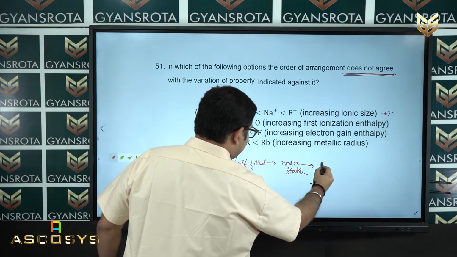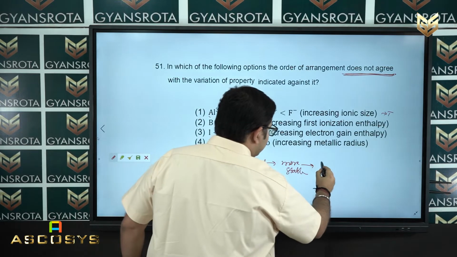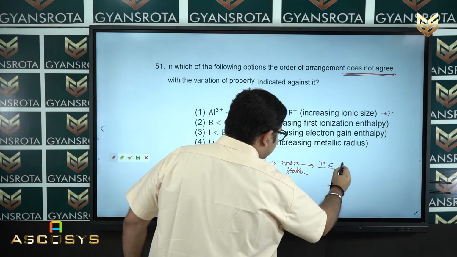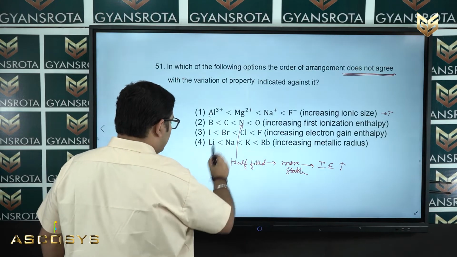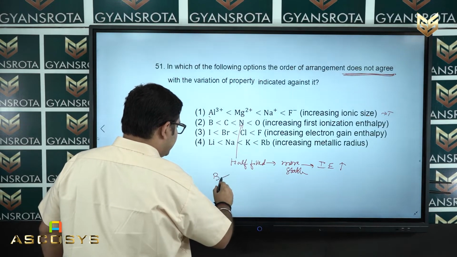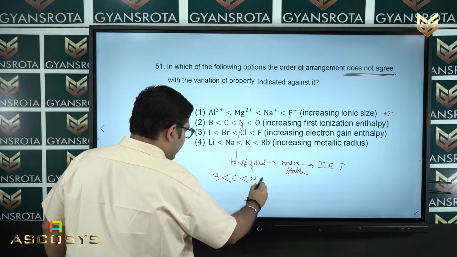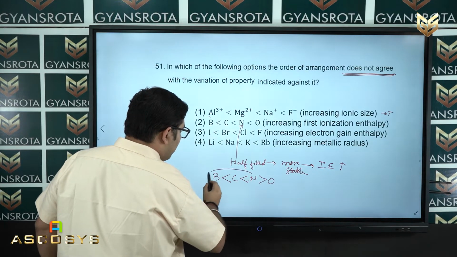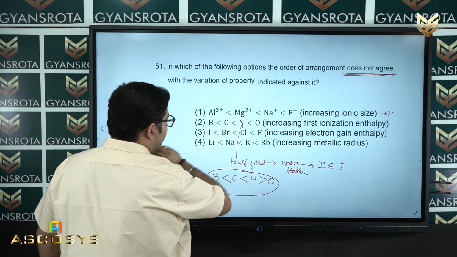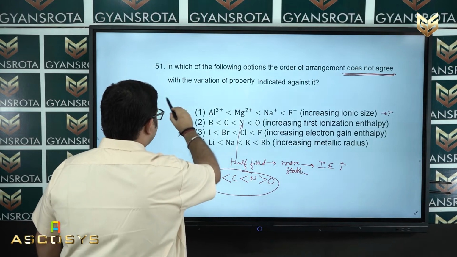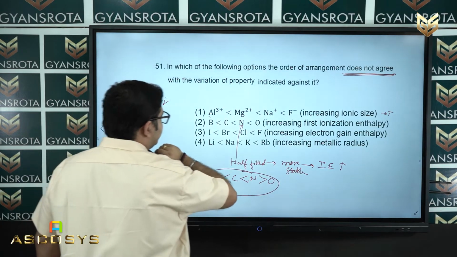As a result, ionization energy, IE, will be more as compared to the neighboring atoms, meaning the order should be B, carbon, then nitrogen and then oxygen. So, this is the order it should follow, but option number 2 does not follow this order. So, option number 2 is the false statement and does not agree with the variation.